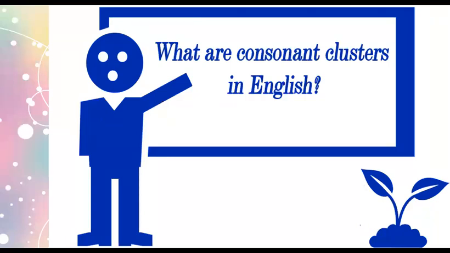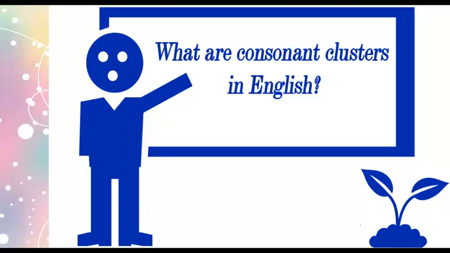Understood? So there is one exception. As I have already told you, each consonant letter is producing one consonant sound. What is the exception? Sometimes a cluster of two or a cluster of three consonants are producing one consonant sound.